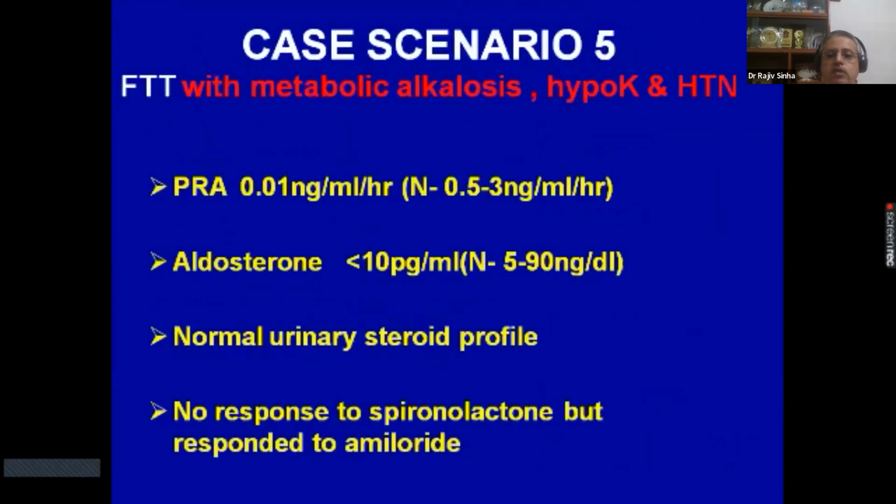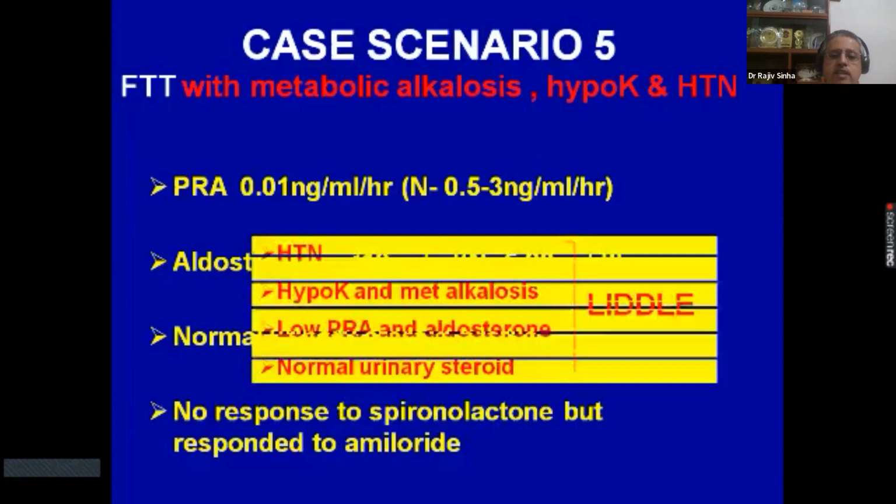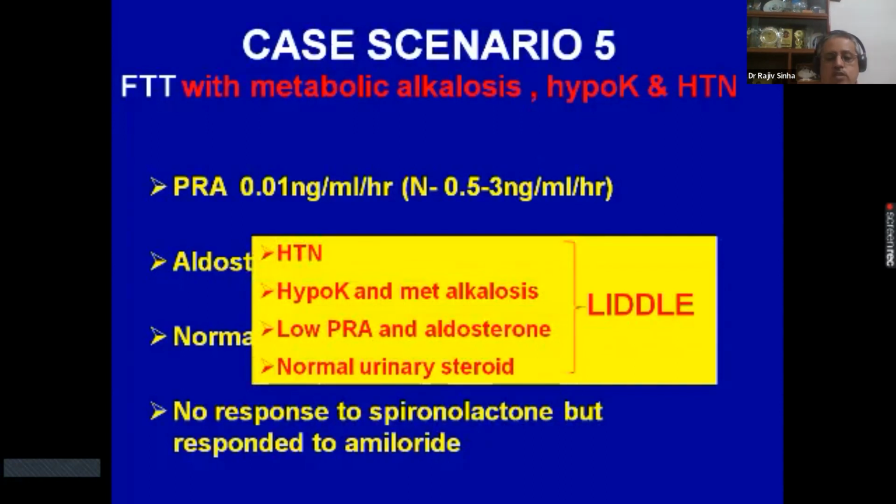Further evaluation showed a very low plasma renin activity, a low aldosterone, and a normal urinary steroid profile. He did not respond to spironolactone but responded to amiloride. And I'm sure most of you already have the diagnosis after this statement: did not respond to spironolactone but responded to amiloride means that the child is having some ENaC mutation.